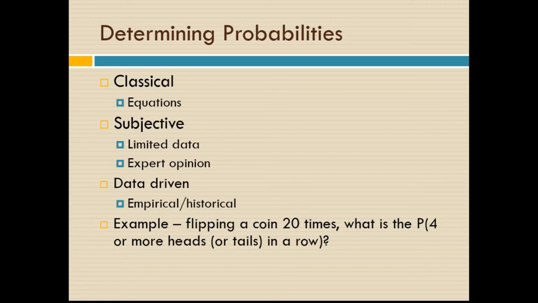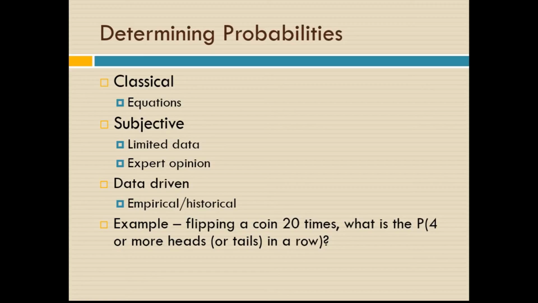So we have an example that we'll go through how to solve in the next video. Let's say we flip a fair coin, so the likelihood of getting a heads or a tails is equal. We're going to flip a coin 20 times in a row, and we're going to count the number of runs that we have.